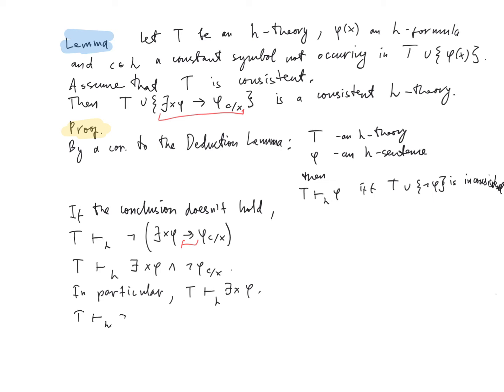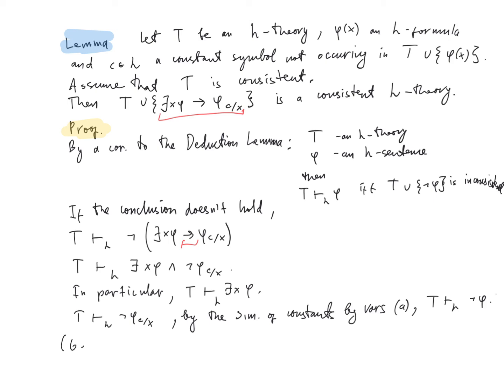So T proves the negation of phi with c substituting x, which by the simulation of constants by variables lemma, part A, is equivalent to T proves the negation of phi.